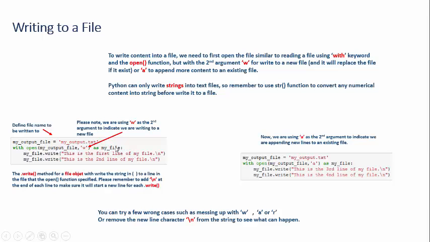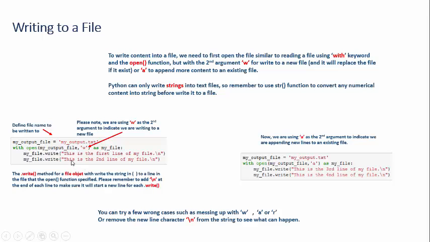So my file is a file object that I can use later within the indented code block. Here I'm using the write method on my file object.